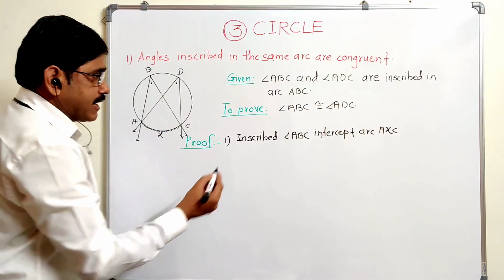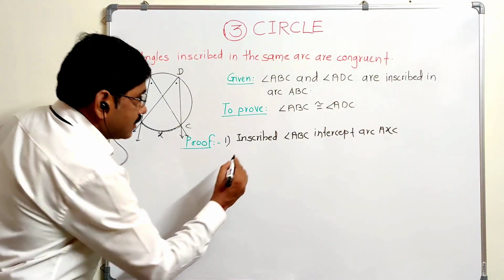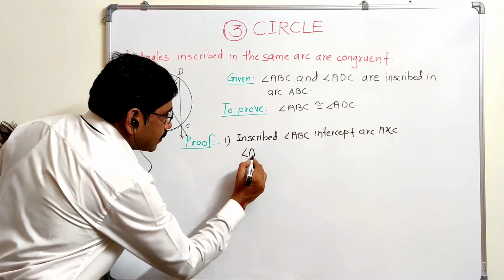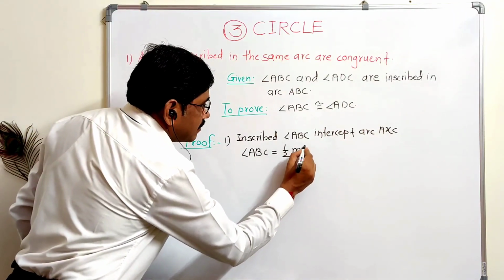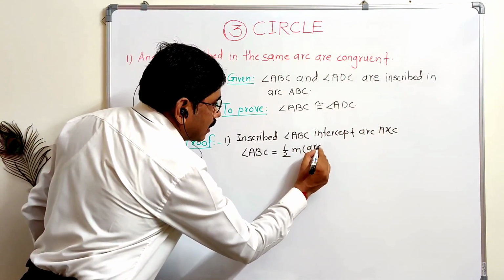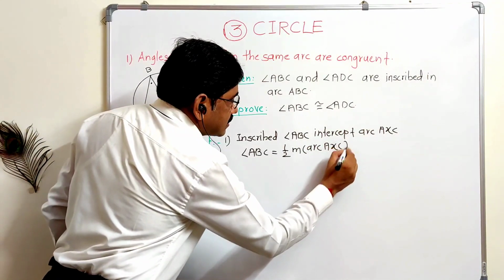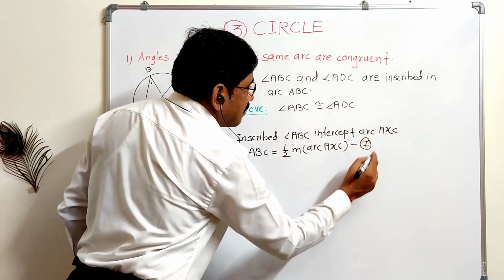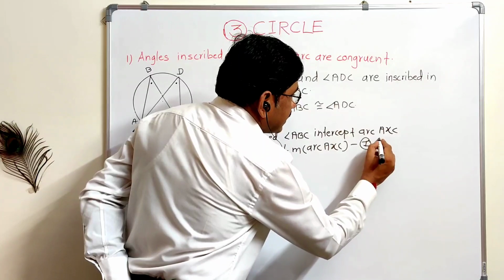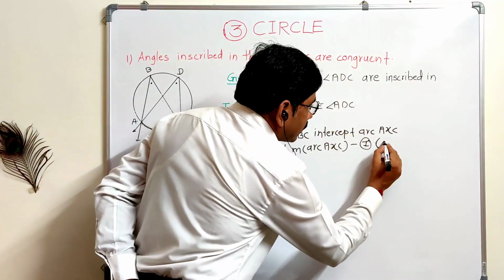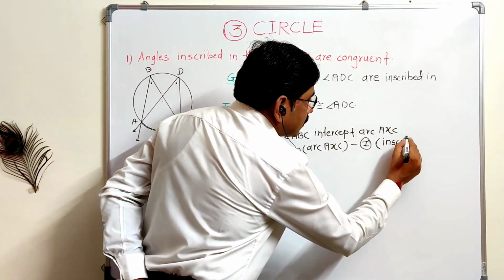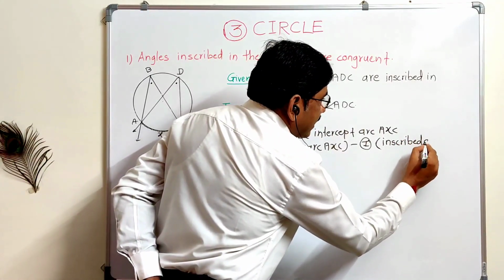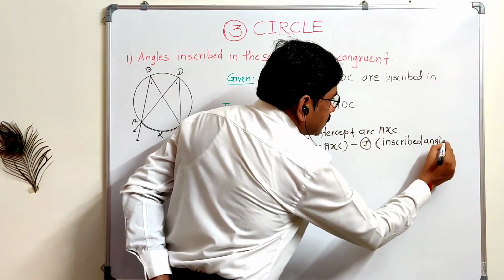Inscribed angle ABC intercepts arc AXC. So by the inscribed angle theorem, जो अभी हम लोगों ने पढ़ा है, measure of angle ABC is equal to half measure of arc AXC. This is statement number 1, and the reason is inscribed angle theorem.